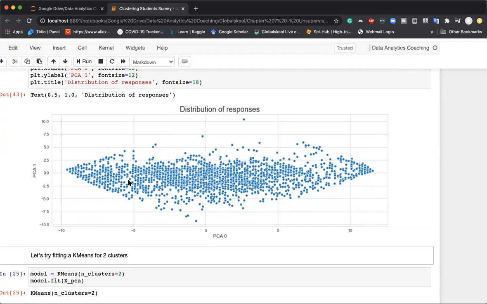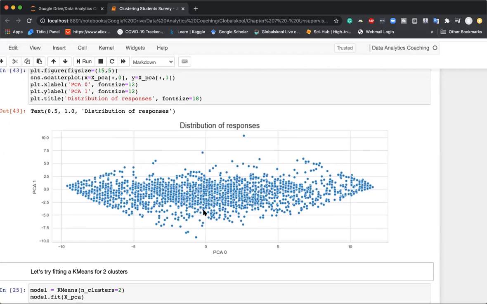This 82% indicates that it doesn't include all 28? No, 82% indicates that it is able to capture 82% of the variance of the 28 questions. Of course, it is not everything, but 82% is a huge percentage, right? That is what is showing.